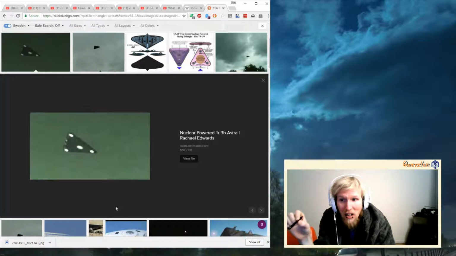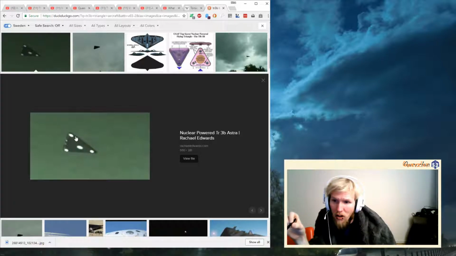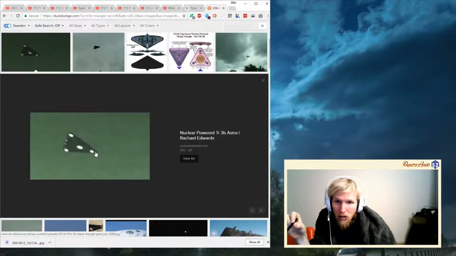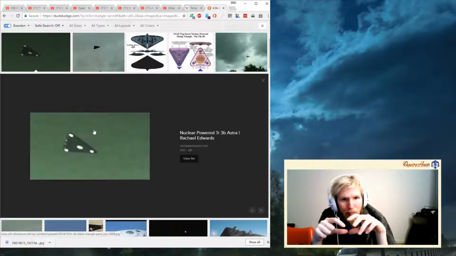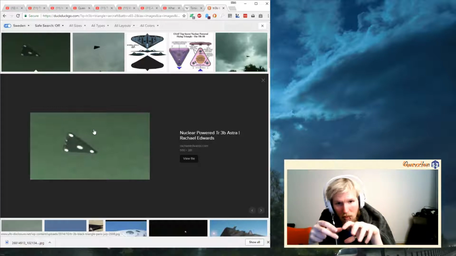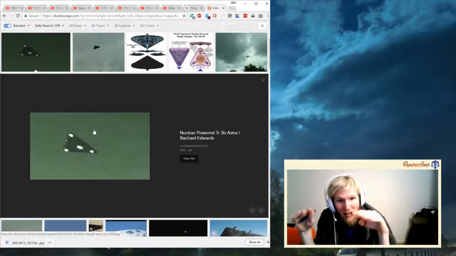I believe that it has these smaller lights. They're not lights per se, or they are lights. I think they are like smaller electromagnetic fields, so that it can still be visible.